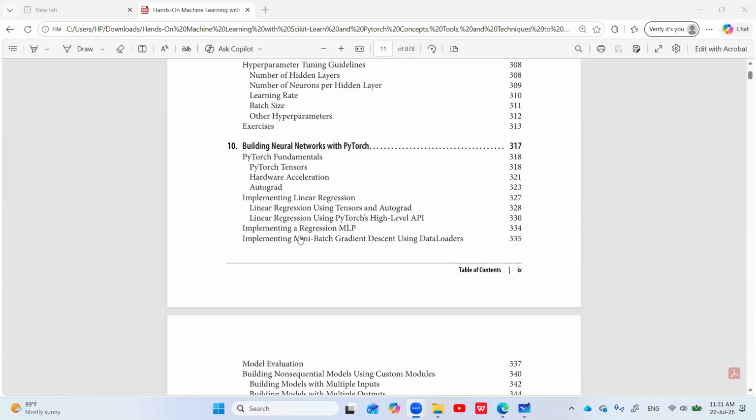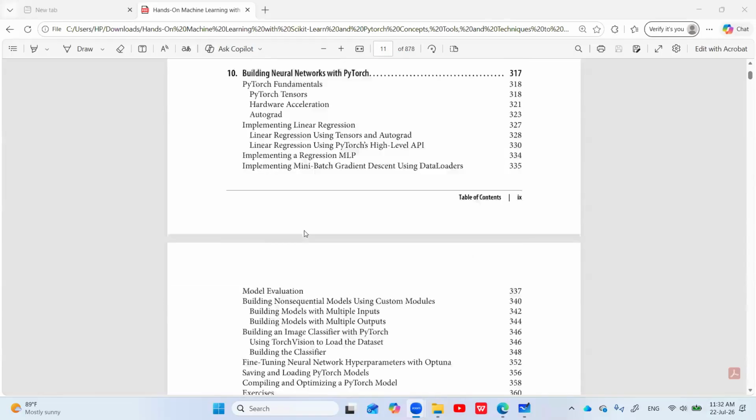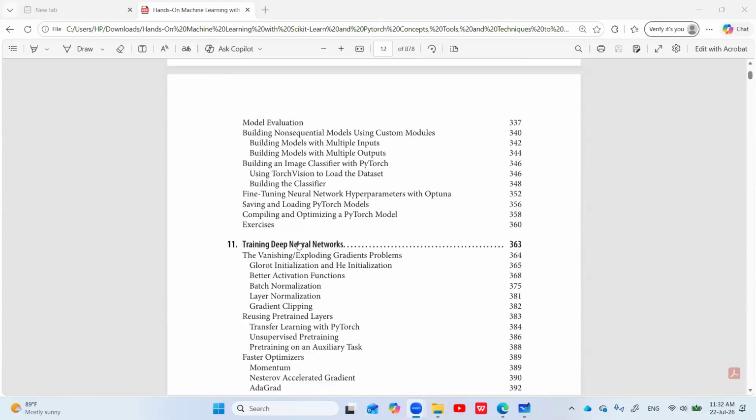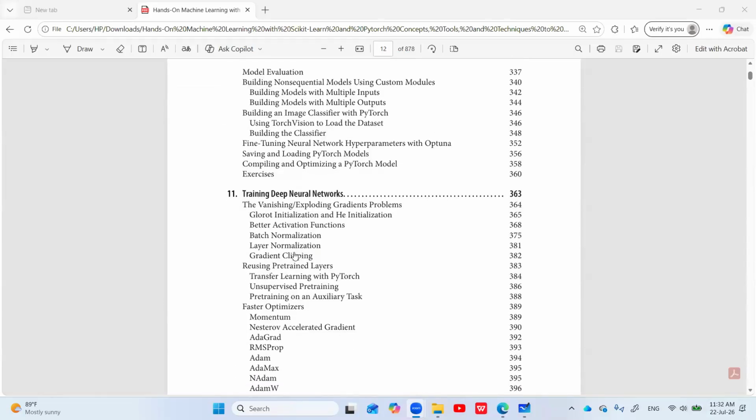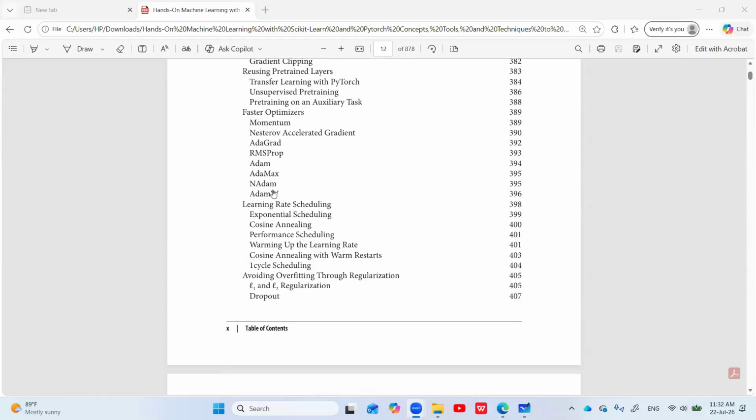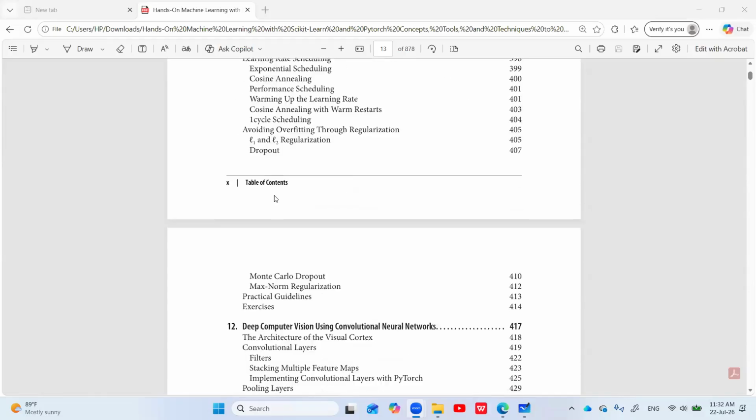PyTorch is the main tool we are using here. We will learn all the things mentioned here. Number 11 is training deep neural networks. We will adapt to all of these things and learn them there.